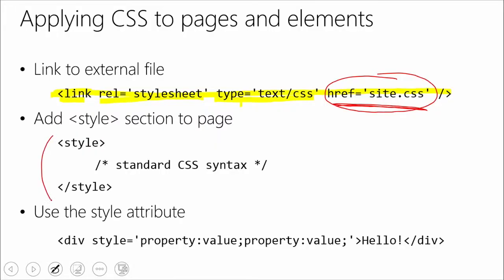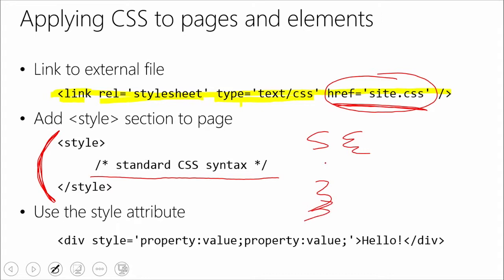Well, you can actually just toss style into the head section of a page. It's going to be that standard CSS syntax that we saw before, where I've got my selector, curly brace, and then the individual values inside of there. So just put that right there into the page.